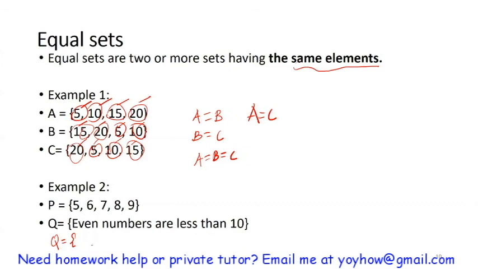Even numbers less than 10: 2, 4, 6, and 8. Class, look at here. Do you have any that are the same? We only have 6 and 8 as the same numbers, right? The rest are not the same. So we put this as P is not equal to Q.